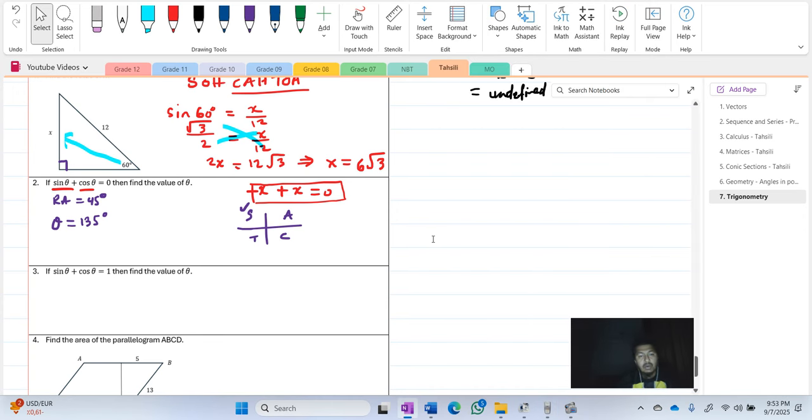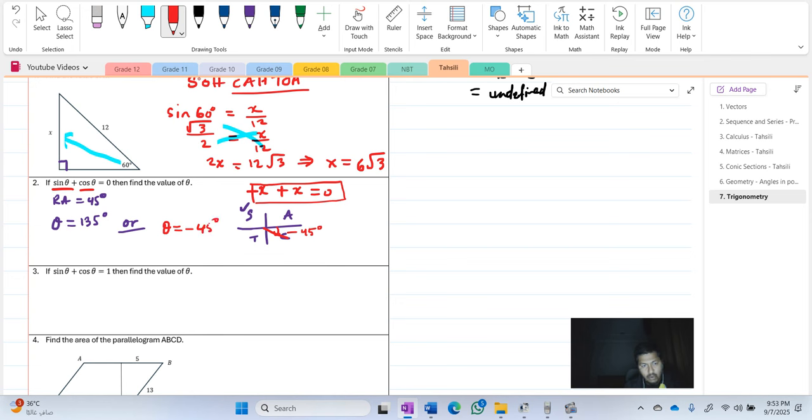Now if you go to the fourth quadrant, or you can choose an answer in the fourth quadrant, where remember we have theta reference angle is 45, you can just go negative 45. So cos is positive and sine will be negative, so negative 45 will also work. Theta is equal to negative 45.